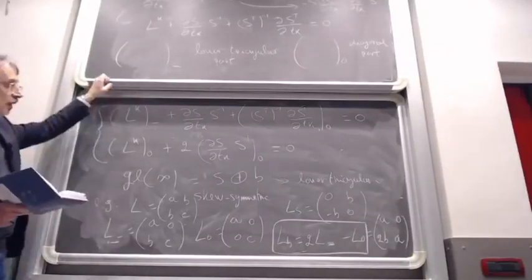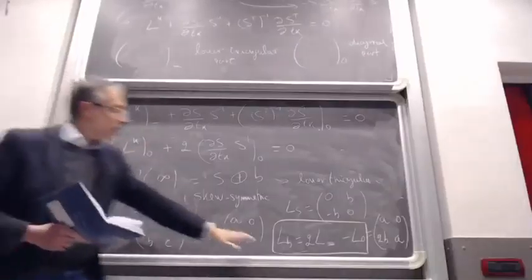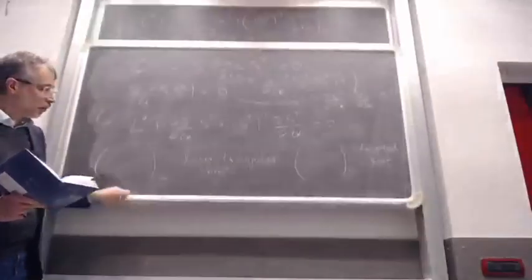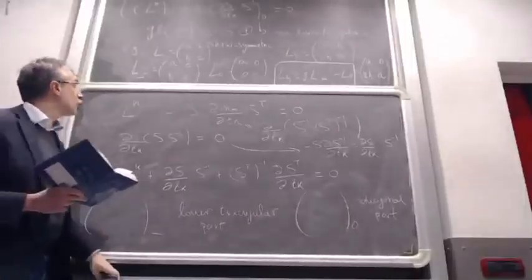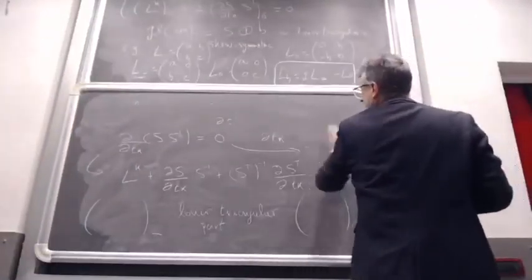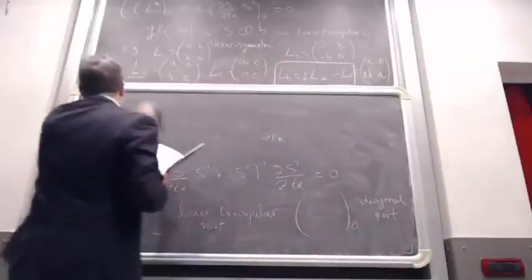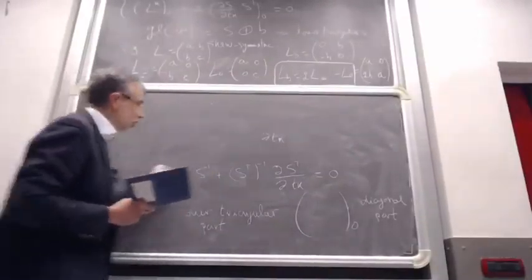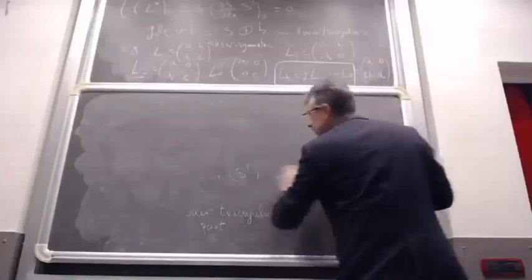But there is just a linear relation between the two, and then we can exploit that. So I will probably speed up a little bit, but hopefully without losing the logic.